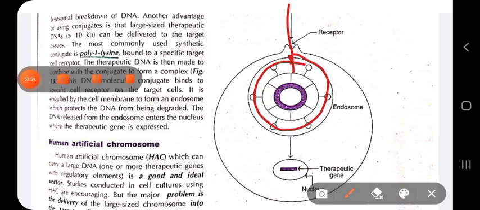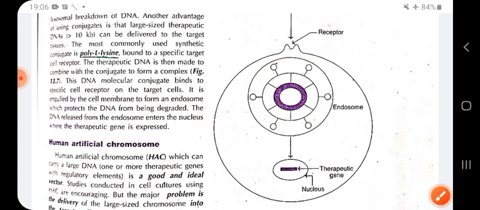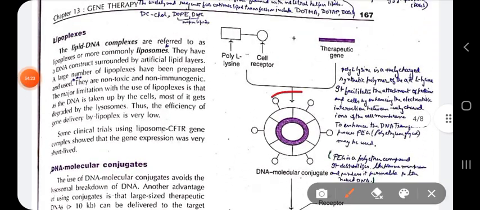So in simple words, this poly-L-lysine is bound to a specific target cell receptor, and then the therapeutic DNA is made to combine with it and forms a conjugate, a complex like this. Then they are allowed to transfect the target cells.